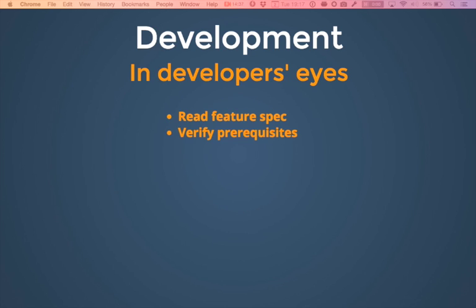Then is to verify prerequisites, which basically means that there might be some things that you need before you can start the development. For example, we need to buy some cool JavaScript library because that's how the client works and wants it.